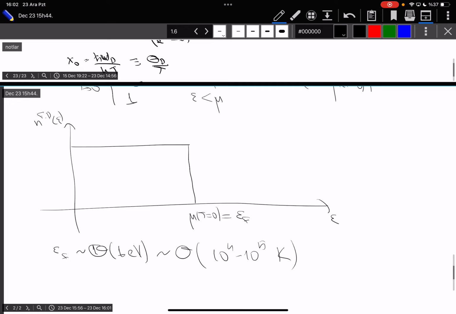So room temperature for electrons in this metal is basically a fermionic system at very low temperature. When we looked at bosons, room temperature was a very high temperature. In order to create a Bose-Einstein condensate, one has to cool it to sub-Kelvin temperatures. But for fermions, room temperature is very cold.